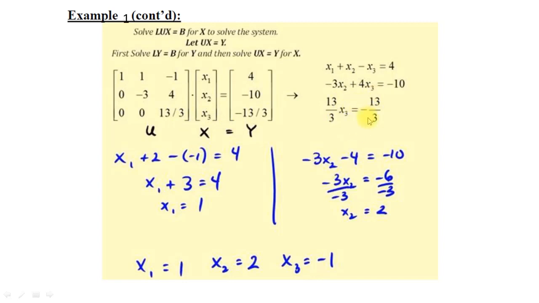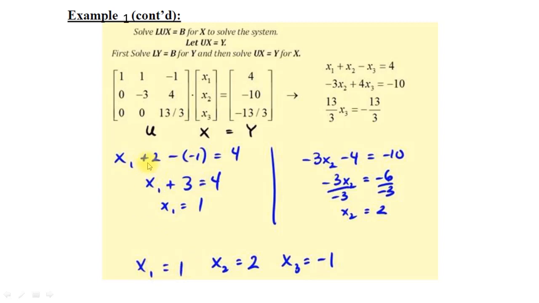So here we use back substitution to find the value of x3. To find the value of x3 here, x3 is minus 1, and putting the value of x3 in this equation, we obtain x2 is equal to 2, and now using the value of x2 and x3 in this equation, we obtain the value of x1 is equal to 1.